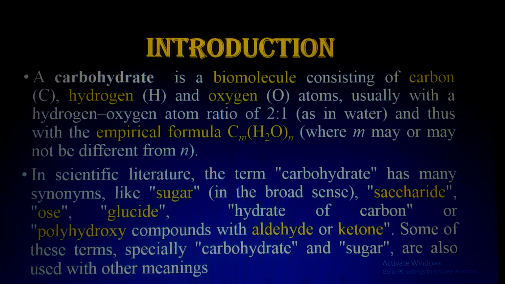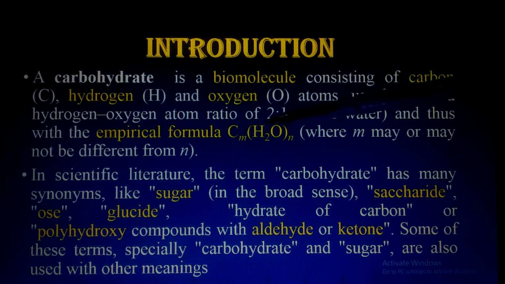A carbohydrate is a biomolecule consisting of carbon, hydrogen and oxygen atoms, usually with a hydrogen to oxygen atom ratio of 2:1, and this ratio is the same as in water, and thus with the empirical formula Cm(H2O)n. As you can see, this is the empirical formula, and this is the hydrogen to oxygen ratio, the same as in water.